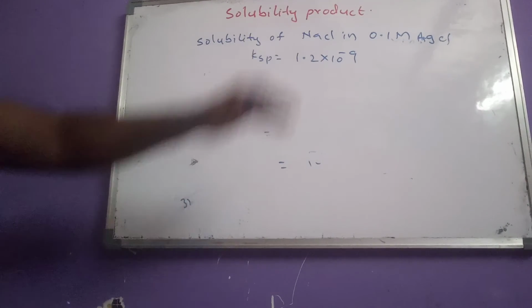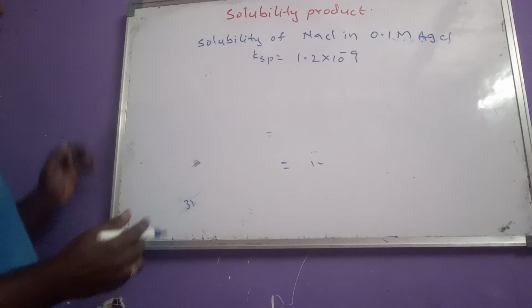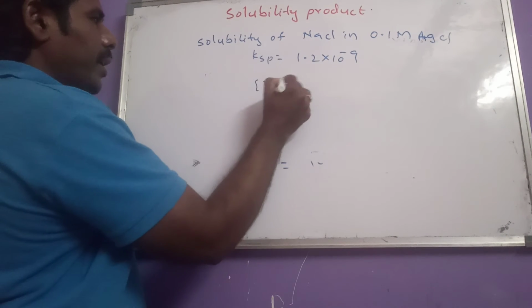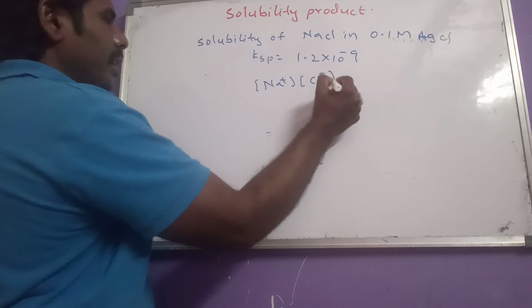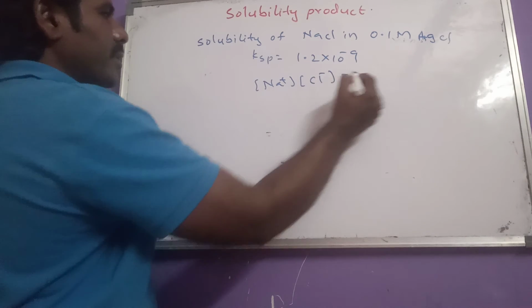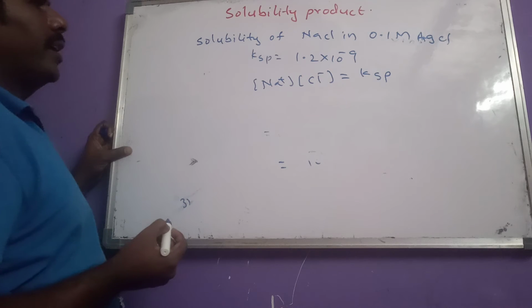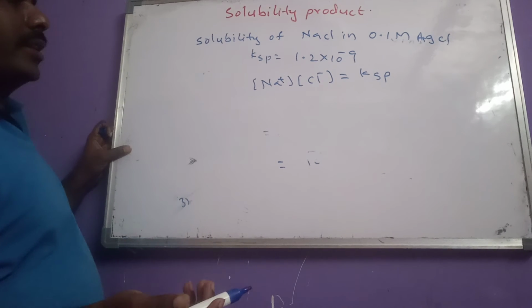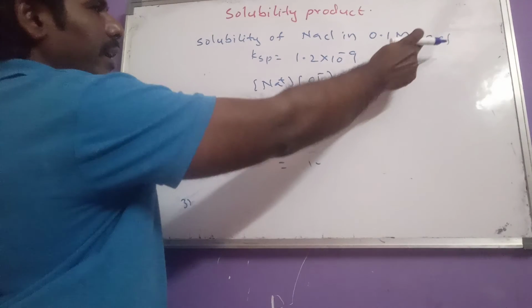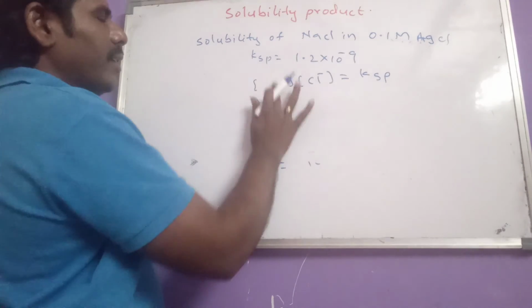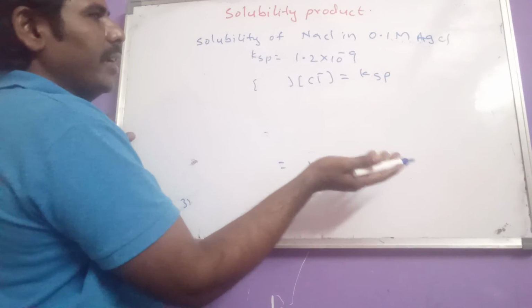When this type of questions are given, first we have to write which one here? Na plus into Cl minus, this product is equal to, let us consider, which one? KSP. Let us consider a KSP, or if this KSP of AgCl is given, consider here which one? Ag plus and Cl minus.